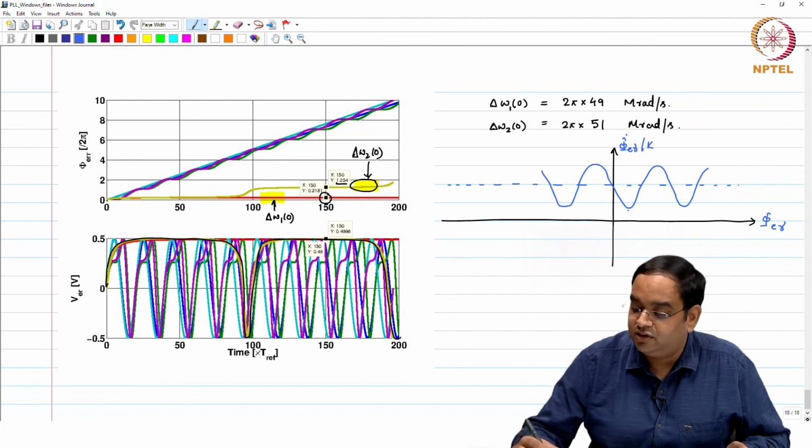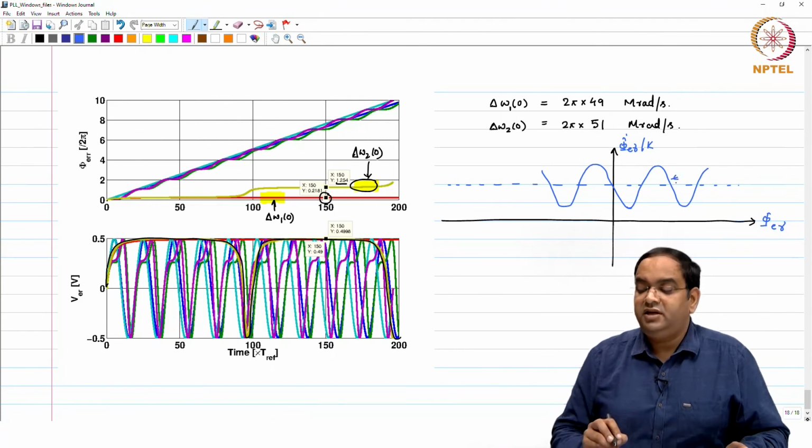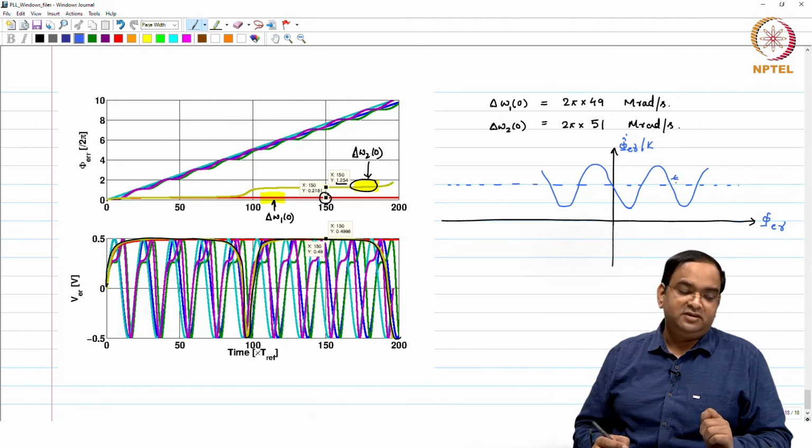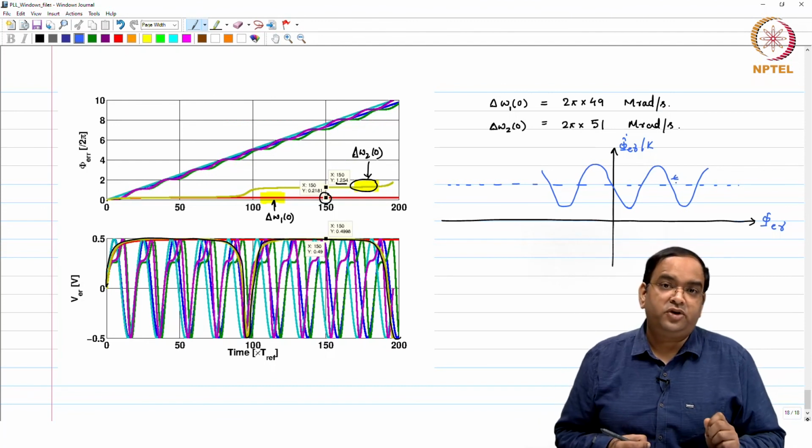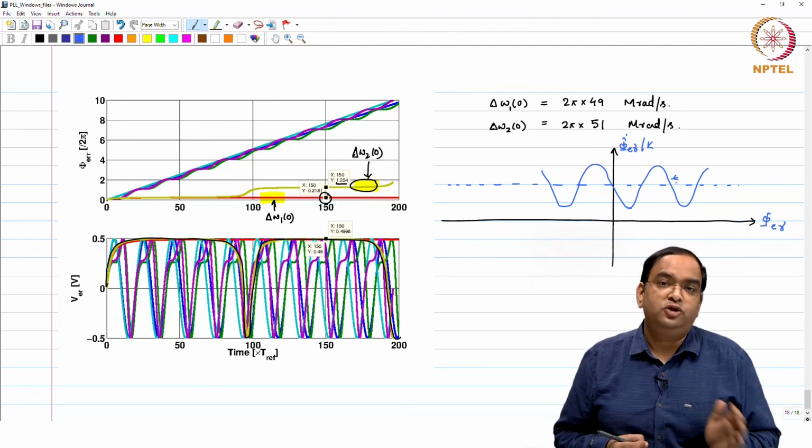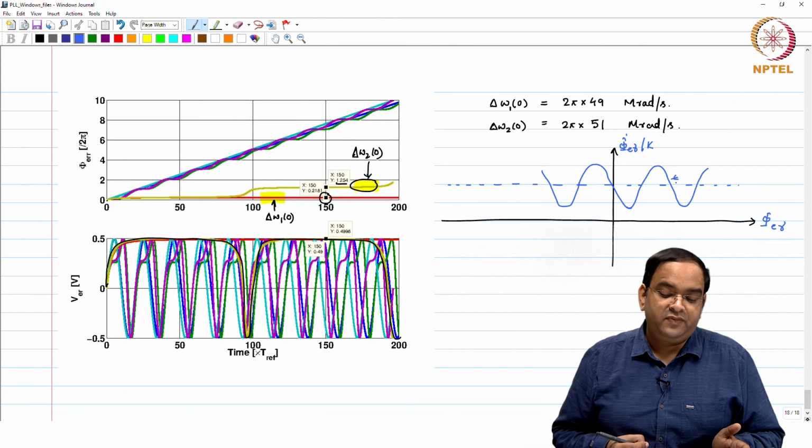You do not see this plot crossing the phase error axis at all. So, there exists no solution. Thank you.